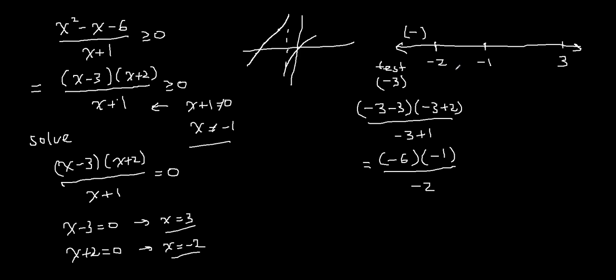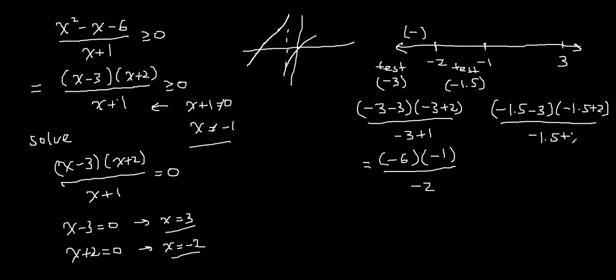Now for this section, let's test negative 1.5. So negative 1.5 minus 3 times negative 1.5 plus 2, all over negative 1.5 plus 1.